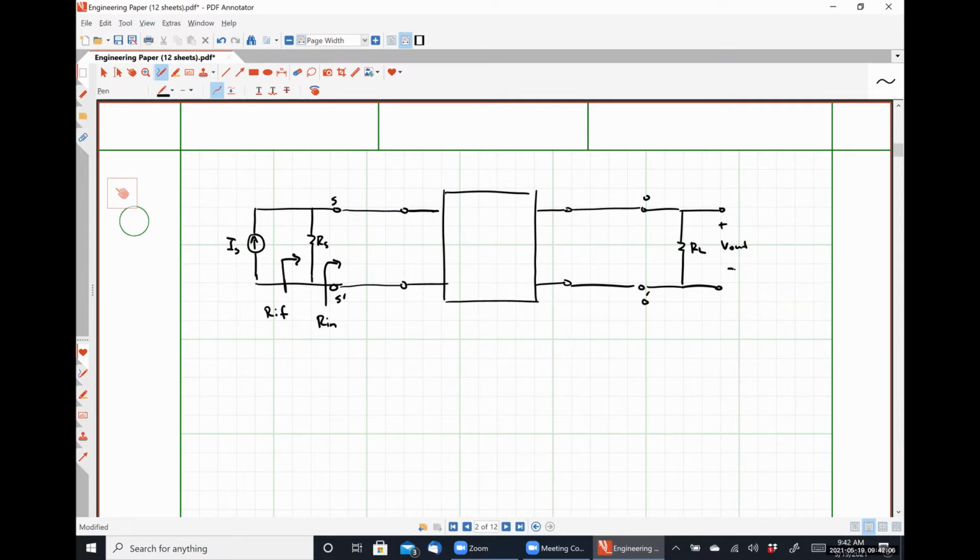Which is exactly what we would expect for this kind of thing. Our feedback network, I'm going to draw down here. Again, it's just a simple block diagram. Here's port 1. Here's port 2. And we know that we're going to have parallel connections like so.